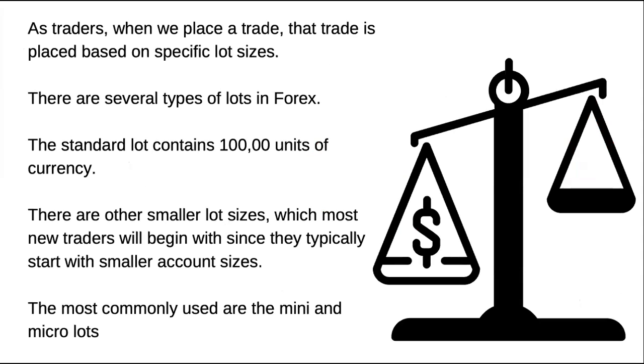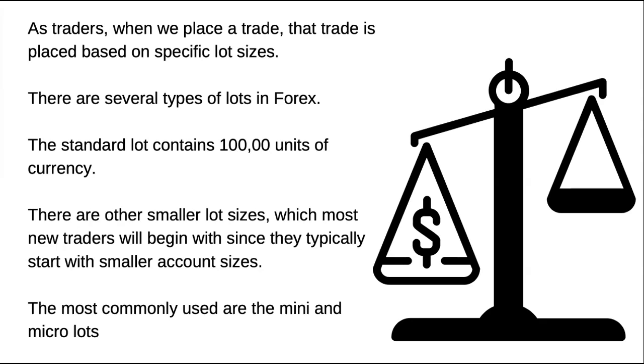As traders, when we place our trades, that trade is based on a lot size. When you hear me talking about risk management and not over leveraging your account, that is where the lot sizes come in. There are several different types of lots.